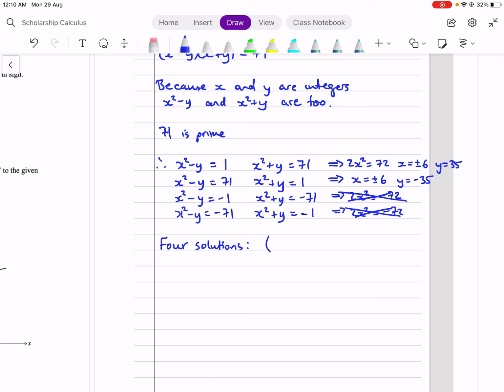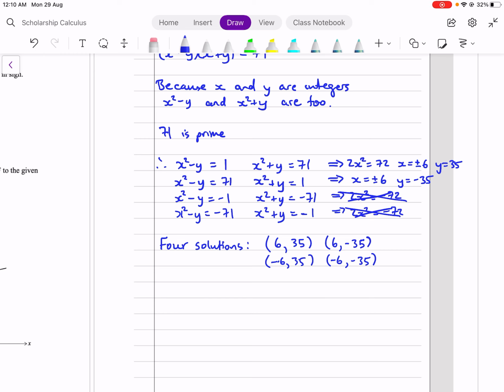We have when x is 6, y is 35, or 6, negative 35, or negative 6, 35, or negative 6, negative 35. Cool. And we've proved it, or we've explained why we've got all of them, because of the fact that 71 was prime.